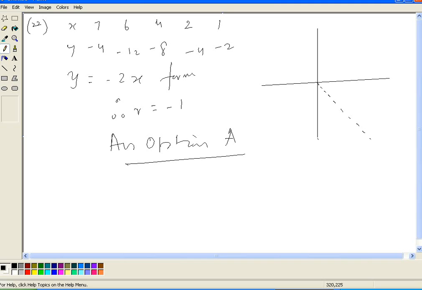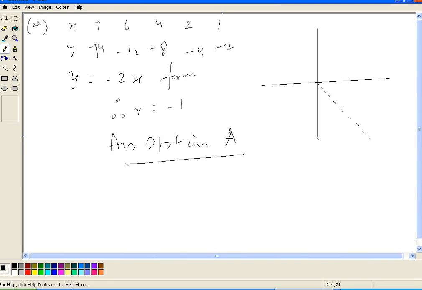So the relationship straight away boils down to y equal to minus 2x form, which is the graphical thing. Now this is perfectly correlated, but the only thing is it is negative, in the sense as x increases, y also increases negatively.